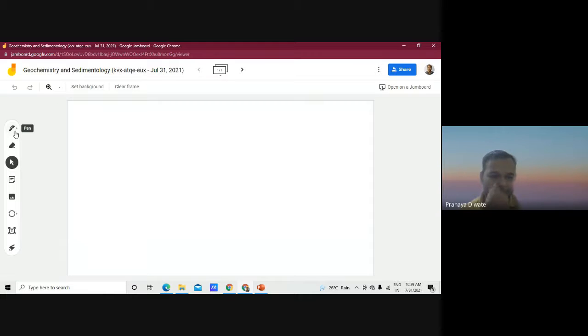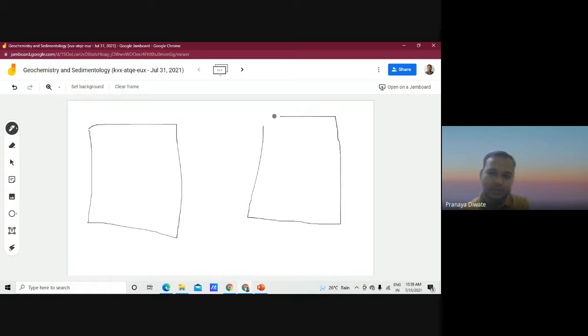I will explain exactly what graded beddings are. Now you can have this basin-like structure. This is two basins I will explain.